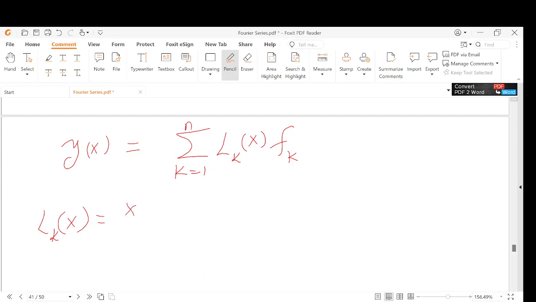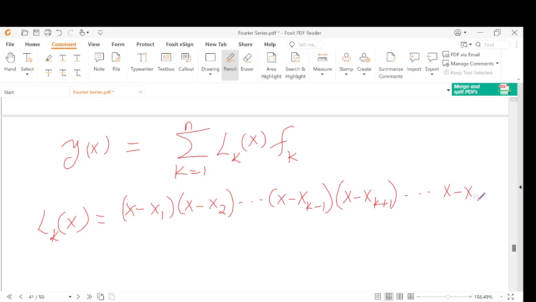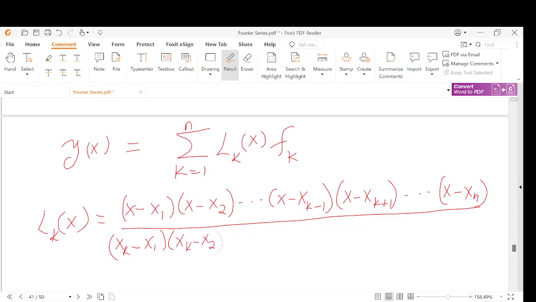They are given by x minus x1, x minus x2, x minus x3, all the way up to x minus xk minus 1, x minus xk plus 1, all the way up to x minus xn, divided by xk minus x1, xk minus x2, and this goes to xk minus xk minus 1.